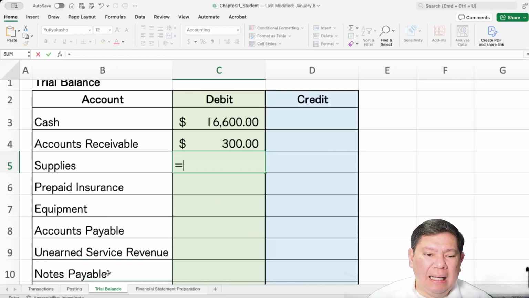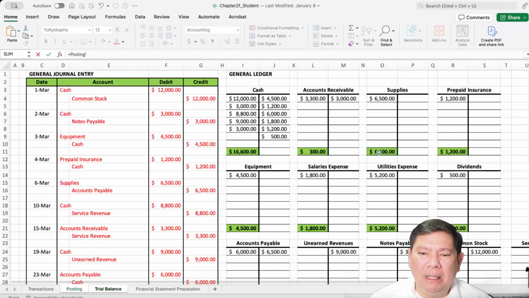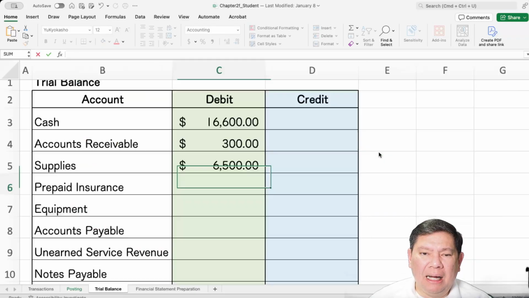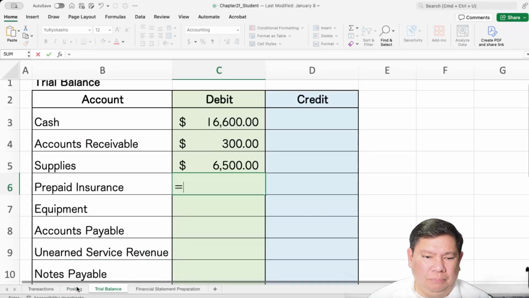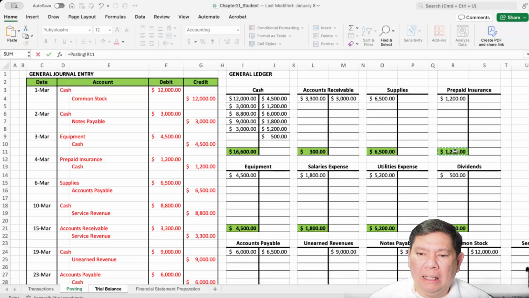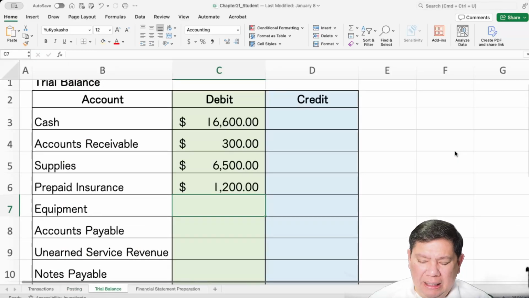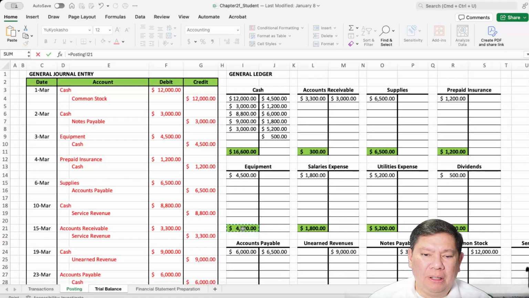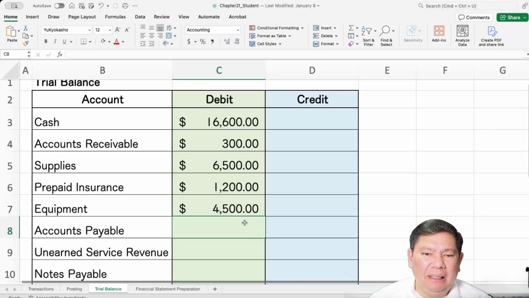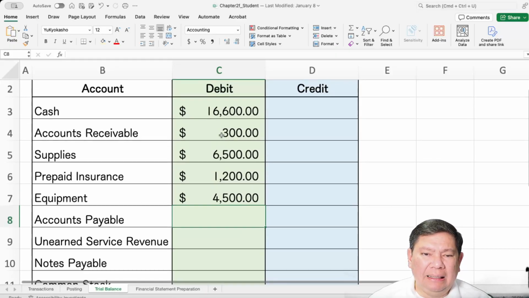Supplies is an asset, so it's on debit, 6,500. Prepaid insurance, 1,200. Equipment, 4,500. So those are our assets.